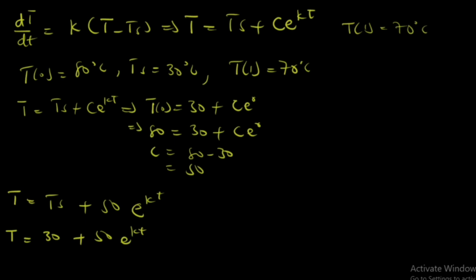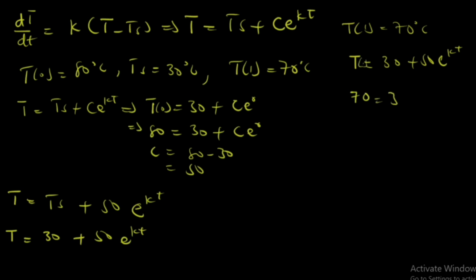So we do some substitution here. We have T equals 30 plus 50e^(kt), and now we use T1, which is 70.